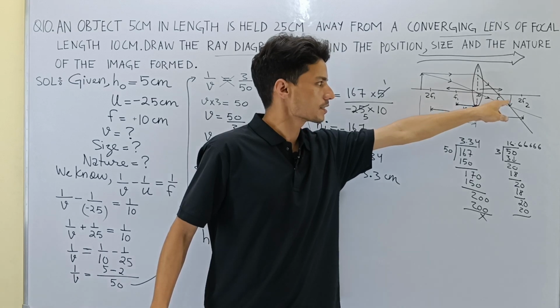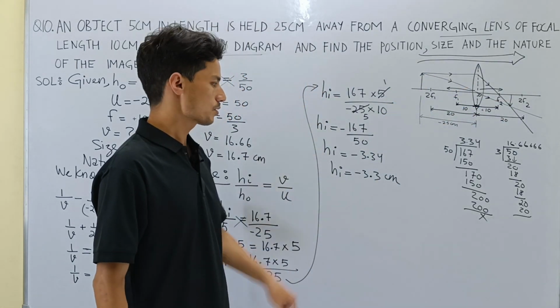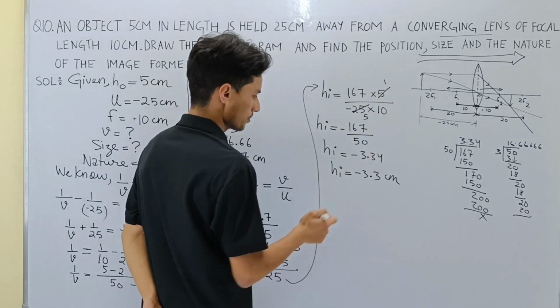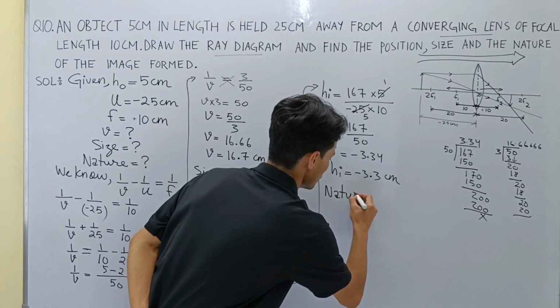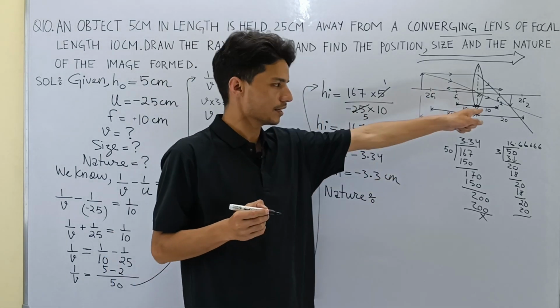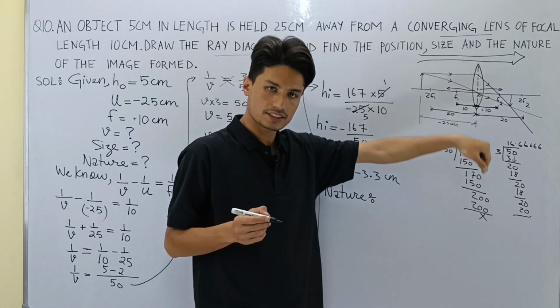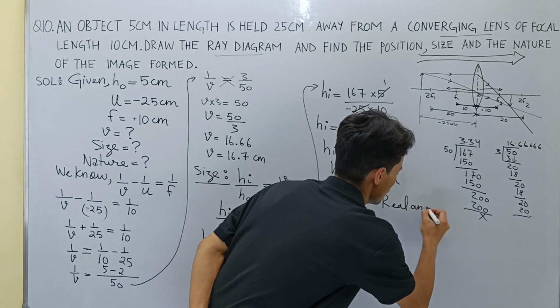Below the principal axis, the value will have minus. So minus because it is below the principal axis. And finally, nature, we have to write the nature. So what is nature? This is real and inverted. So nature is real and inverted.